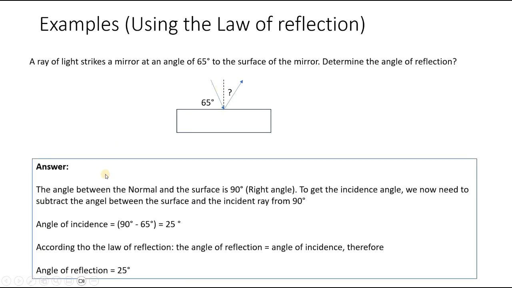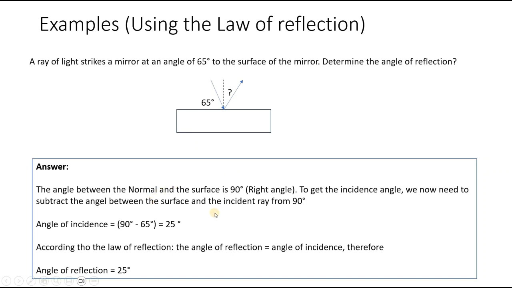To do that, you can see that it says here the angle between the normal and the surface is always 90 degrees, because the normal is drawn perpendicular to the surface. So to get the angle of incidence, that little angle sitting there between the normal and the incident ray, we deduct 65 degrees from 90 degrees.